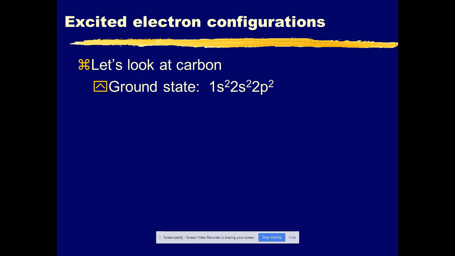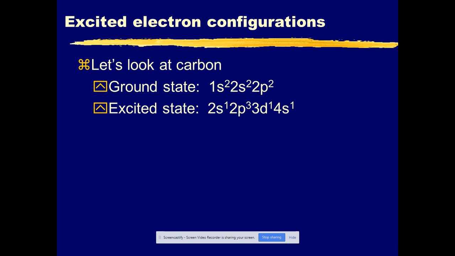Now, if I put carbon in the flame, or I put electricity through it, these electrons are going to move away from their ground state configurations. So there is literally an infinite number of possible excited states. Okay, here's just one possible excited state.